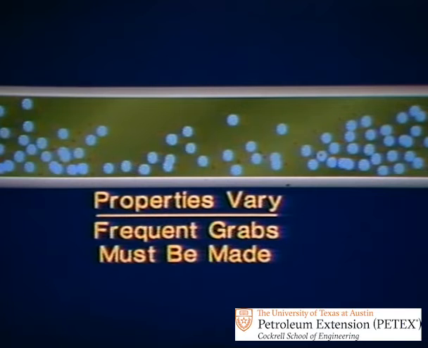It could be a number of things, but let's say we're concerned with S&W content of oil. Maybe the oil starts with a lot of S&W, but as flow continues, the S&W content drops, then goes up again. In this case, frequent grabs must be made throughout the total batch.